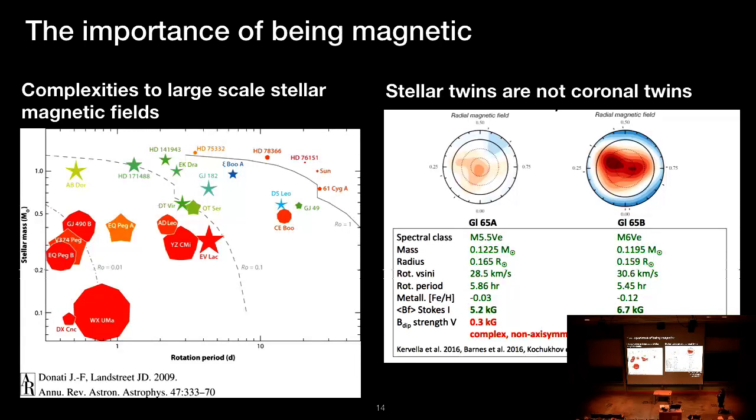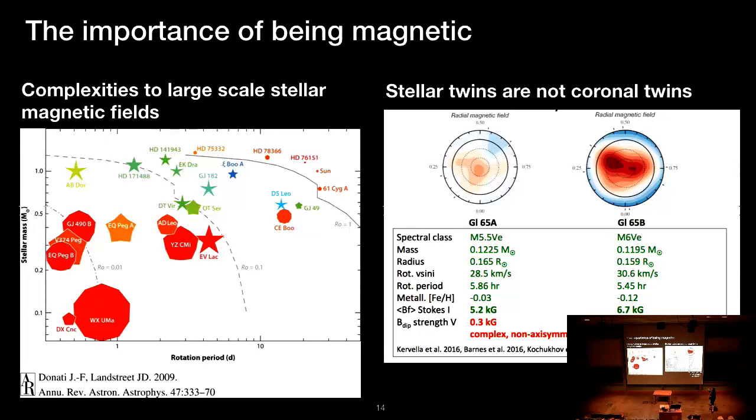That's related to the dynamo generation of magnetic fields taking place in the interior of the star. And an important point is that, at this point at least, our understanding of stellar magnetism is such that we can't actually predict this at very fine scale based on the other fundamental properties of the star.